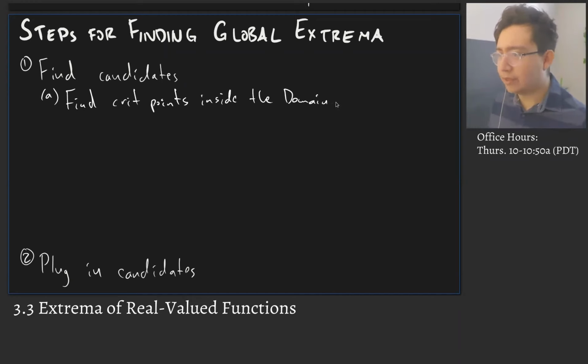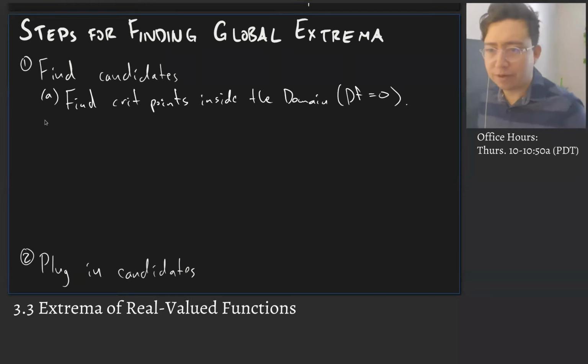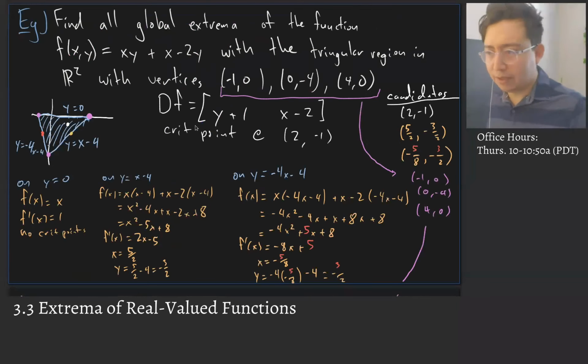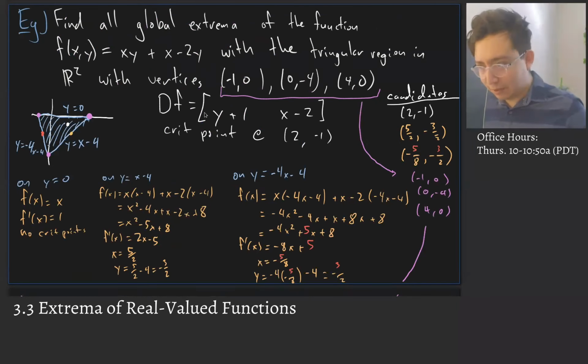This is like setting df equal to 0. So that's find your critical points inside the domain. Remember, that's the first thing we did, setting this equal to 0, and then we got y equals -1 and x equals +2.